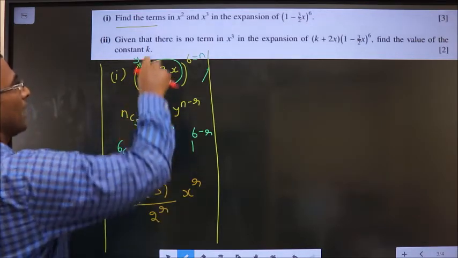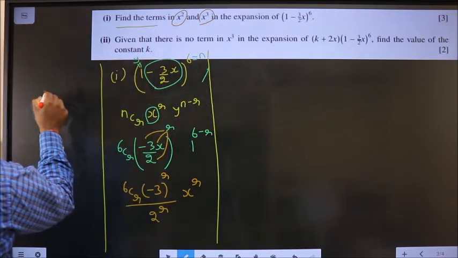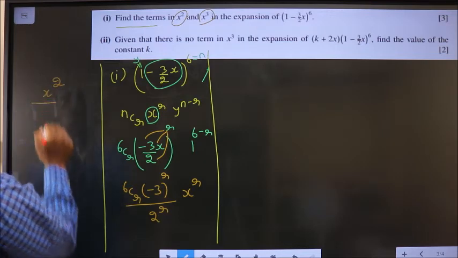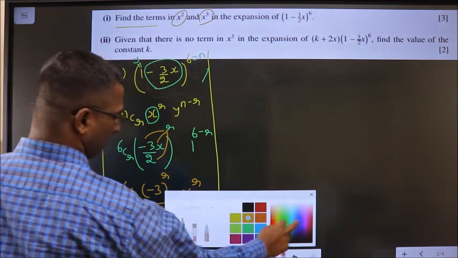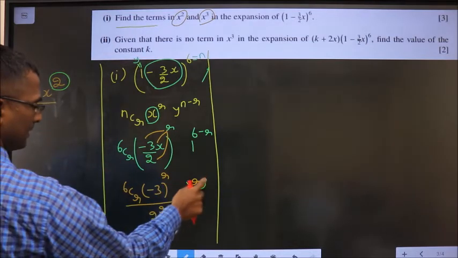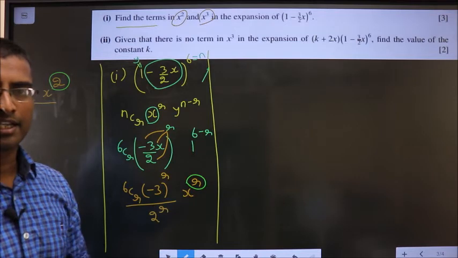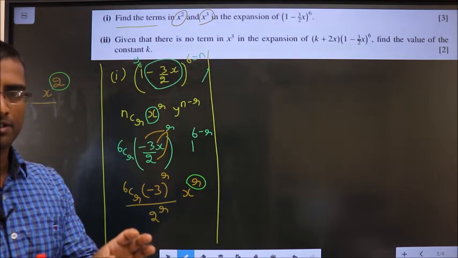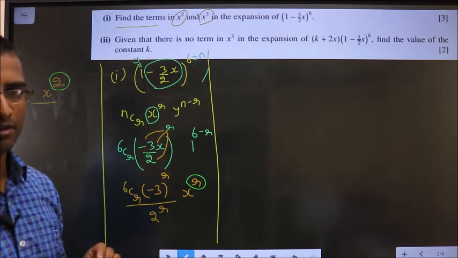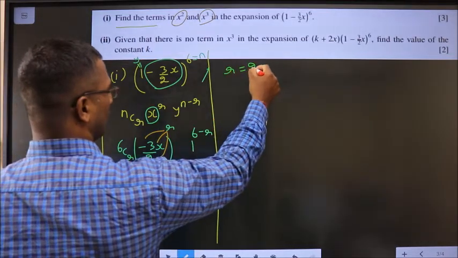Now I need to find x square and x cube. I need to find the x square term. The power on x here is 2 and here it is r. Equate both the powers of x to get the value of r. Okay. So r equal to 2 I get.